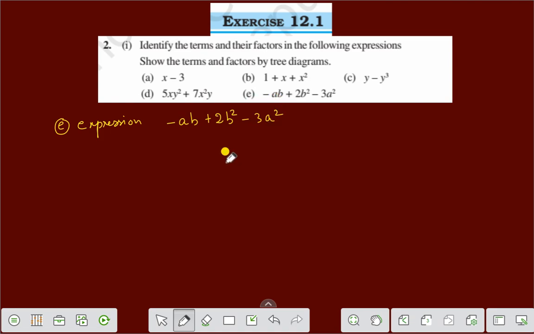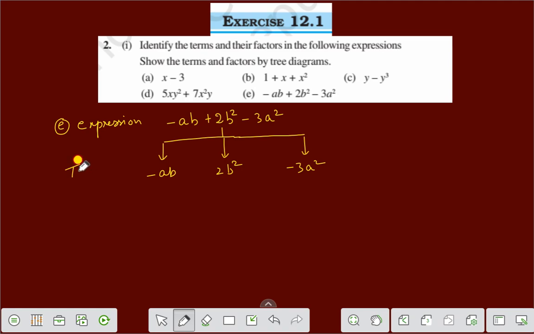If we find the various terms, there are three terms here: minus ab, 2b square, and minus 3a square. These are the various terms.